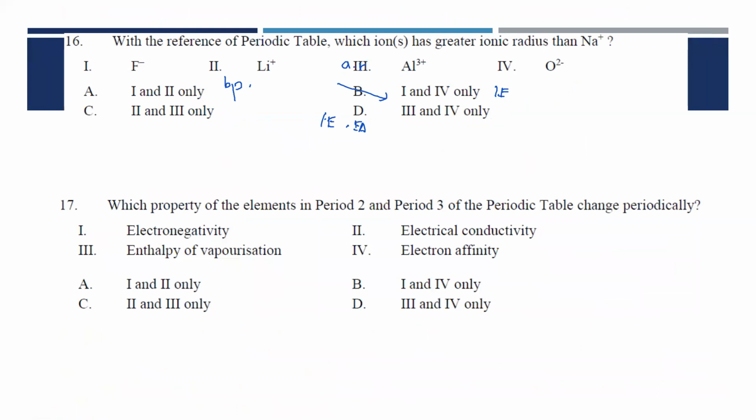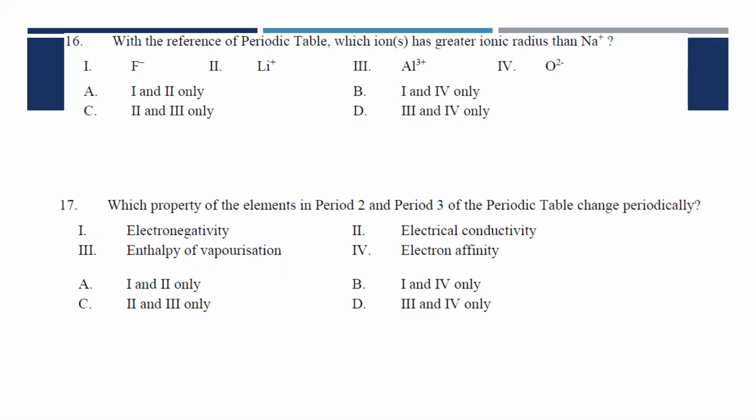Then we go to question number 16. With reference to the periodic table, which of the following has the greatest ionic radius? First of all, you find which one has the highest atomic number. The one with the highest atomic number here is aluminium, so aluminium is expected to be smaller than Na.